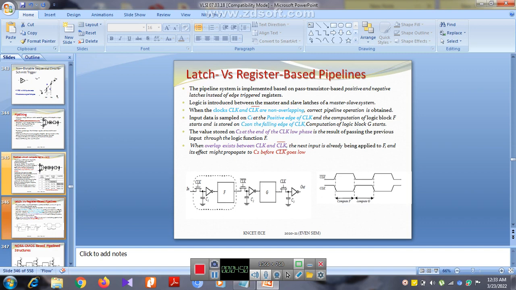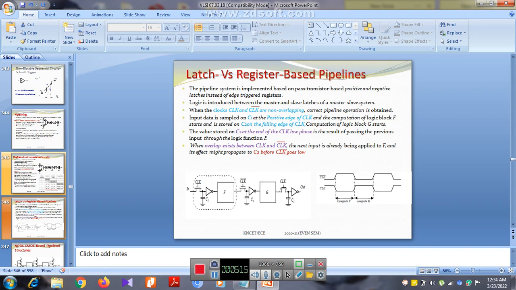Input data is sampled on C1 at the positive edge of the clock, and the computation of logic block F starts and is stored on C2 on the falling edge of the clock.